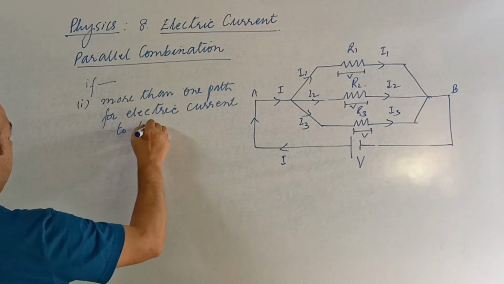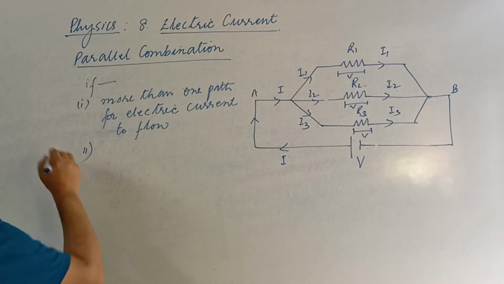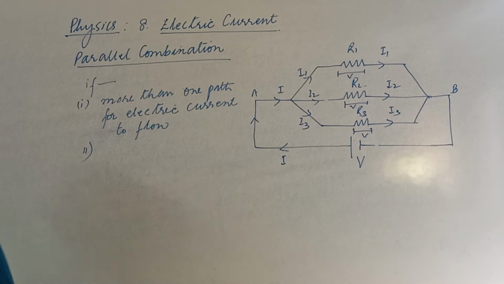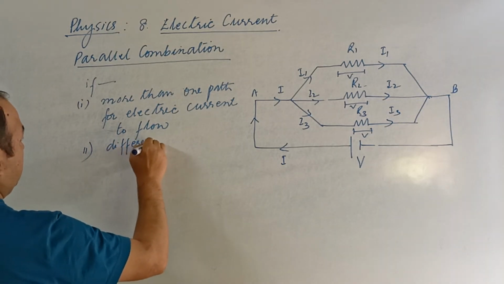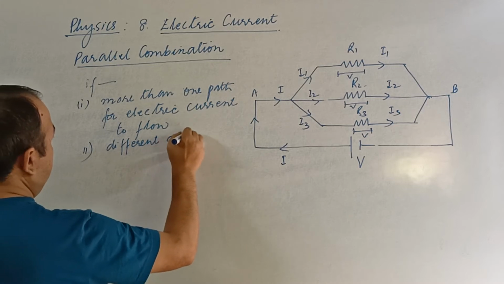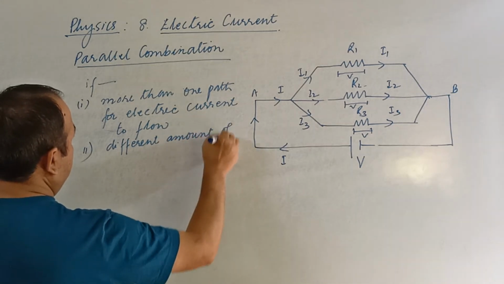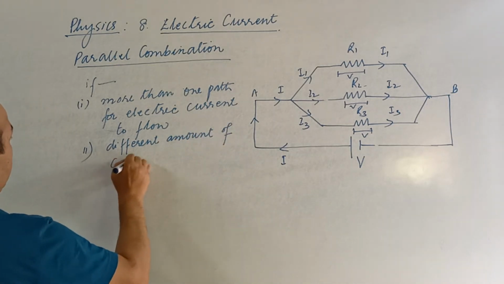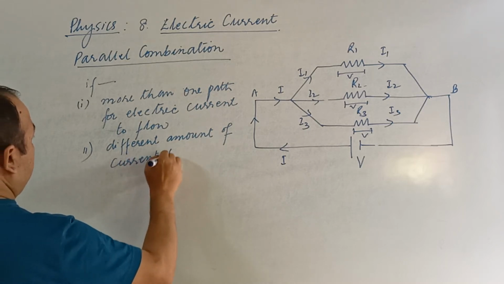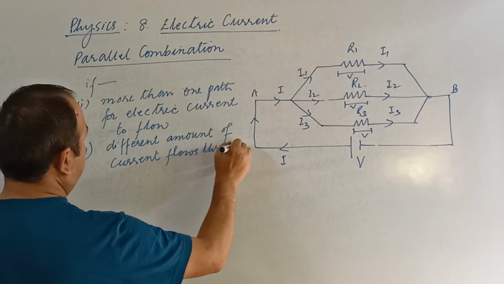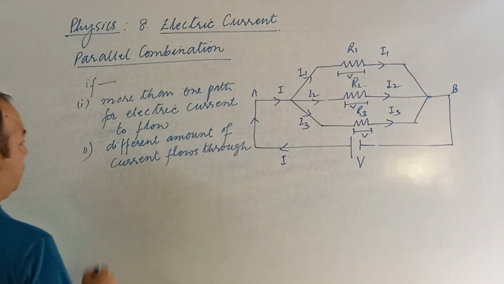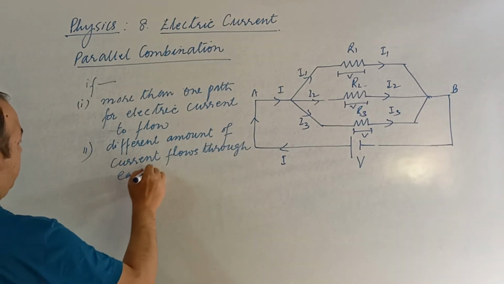The second point is a different amount of current flows through each of the resistances.